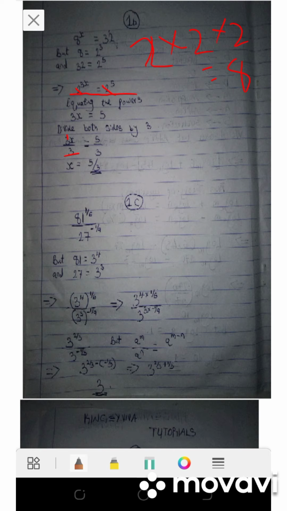So I could also convert this to a mixed number. If I take this to a mixed number, I'm going to have one whole number and 2 over 3. It's also a valid answer.